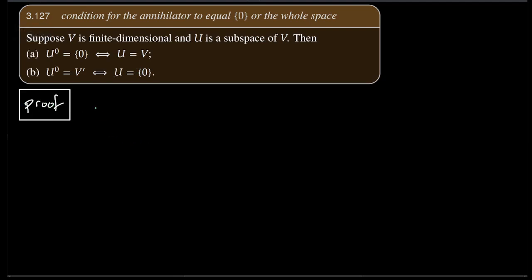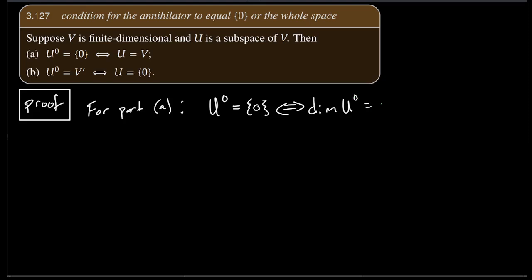So, for part A, here's what we get. I'm just going to write it like this. U naught is trivial. Okay, let's start with that. Well, I claim that this is certainly only the case if the dimension of U naught is equal to 0.